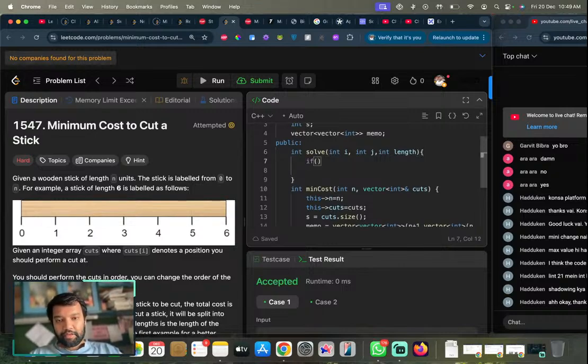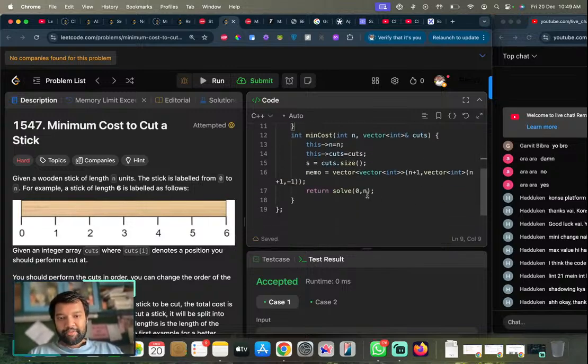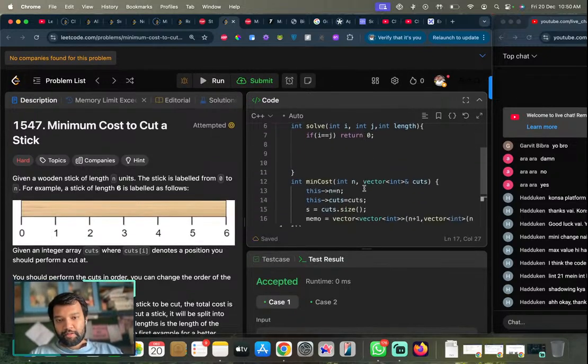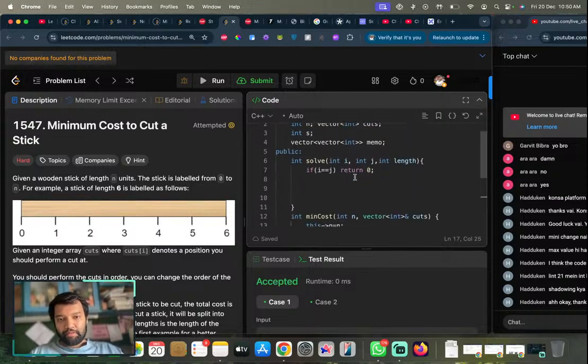If i equals to j return 0. Cool. Where references 0 to n minus 1, all inclusive. Cool. s minus 1. Okay, cool.